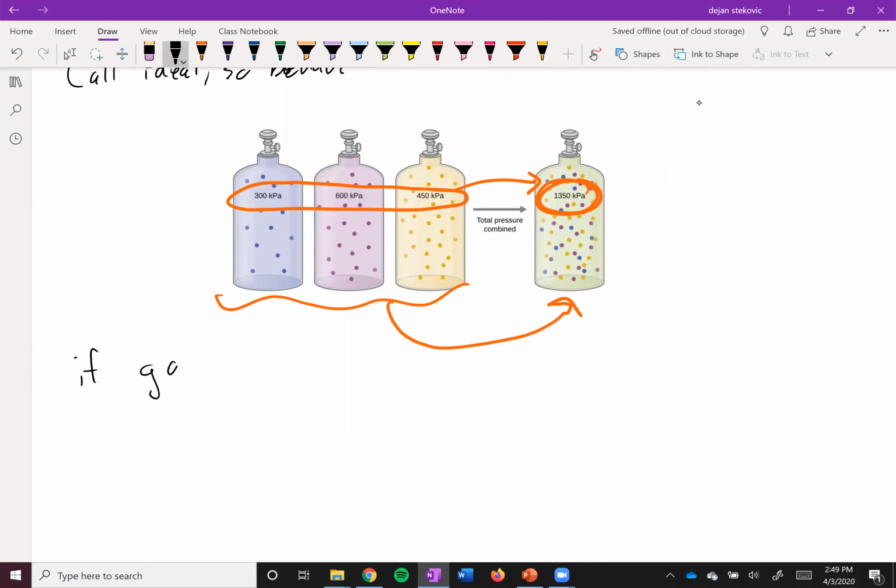So let's say a gas makes up 1/4 of a mixture. It has a partial pressure of 1/4 of the total pressure.